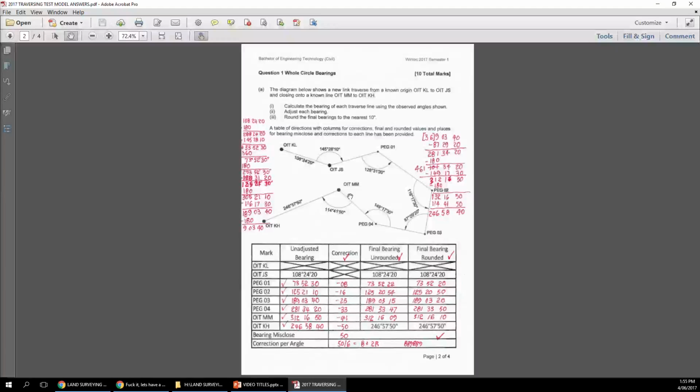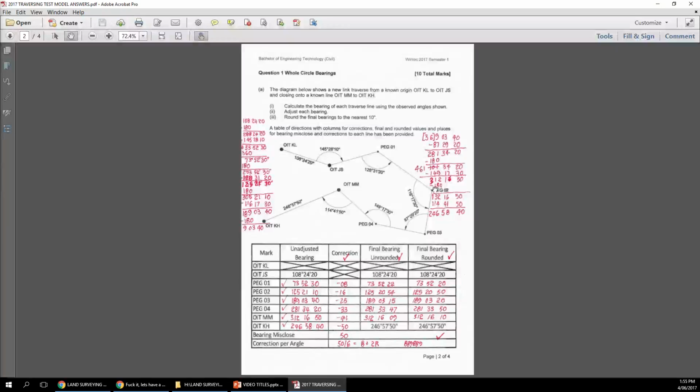We've got 253.52.30 minus 128.30.20, which is 125.21.10. And once again, we can see that 125 is quite sensible. Going down there, 90 would be out there, 125.